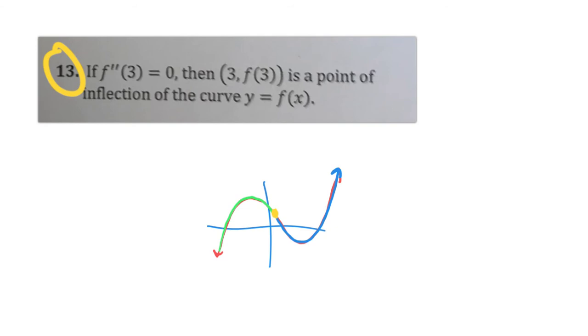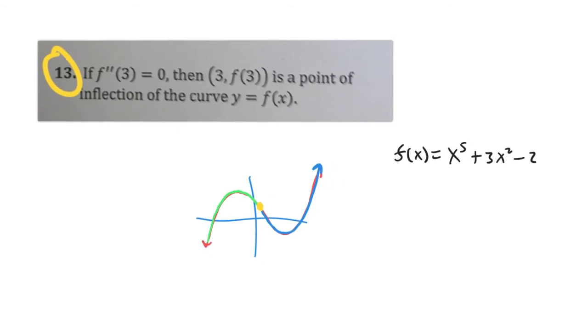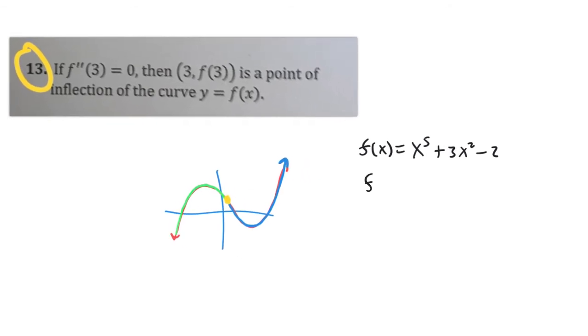All right. So let's say you've got some crazy function like x to the fifth plus 3x squared minus 2. Let's say we want to take the first derivative of that, and that's clearly 5x to the fourth plus 6x. And then let's say you take the second derivative of that.